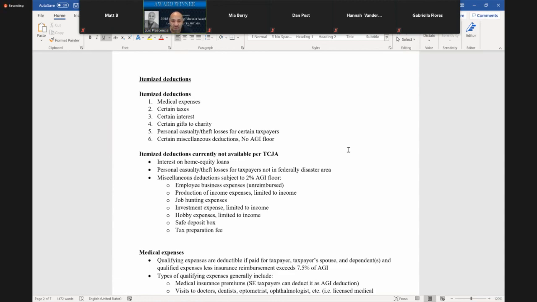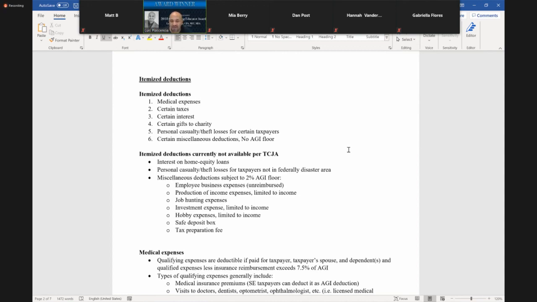So that's your employee business expenses. Employees that have a home office won't be able to deduct the home office expense. Think about that. Attorney fees related to production of income, like discrimination cases and injury cases, you don't deduct anymore. Job hunting expenses used to be deductible.